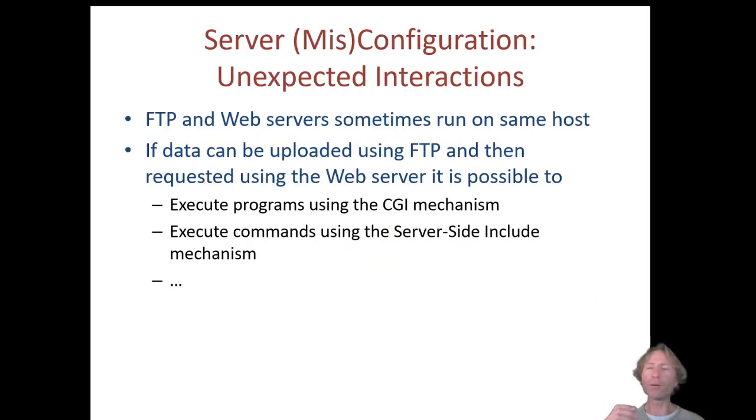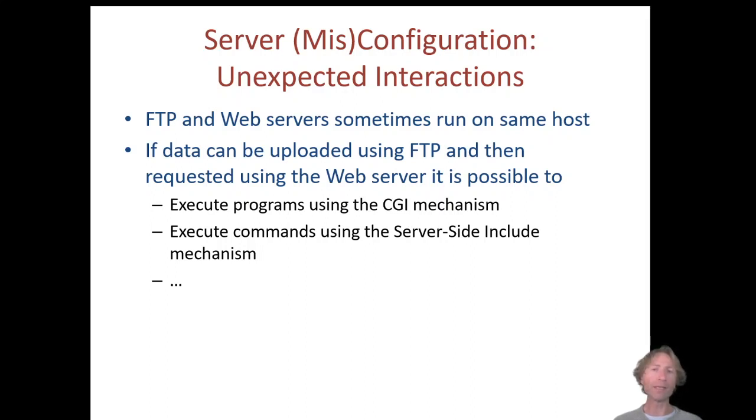Now, here's a very brief intermezzo where I want to say that sometimes misconfigurations, so unfortunate combinations of programs, may lead to problems also. For instance, a classic example of this is the combination of FTP and web servers that are run on the same host.